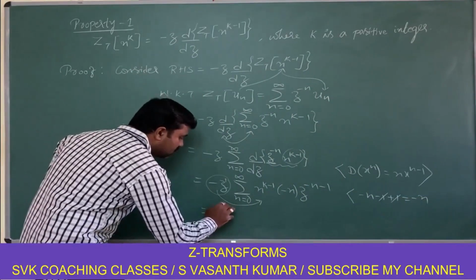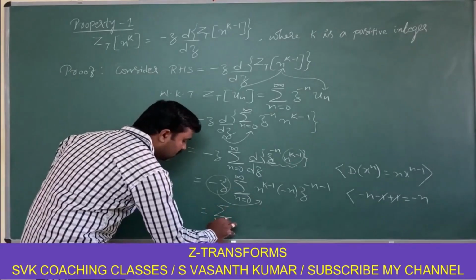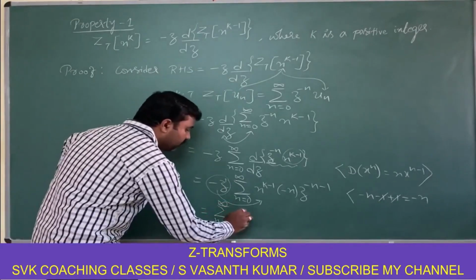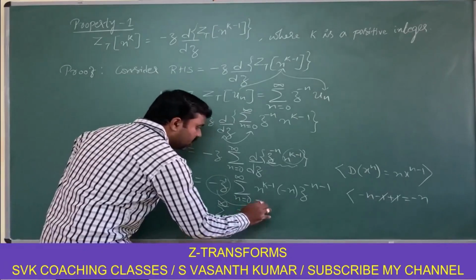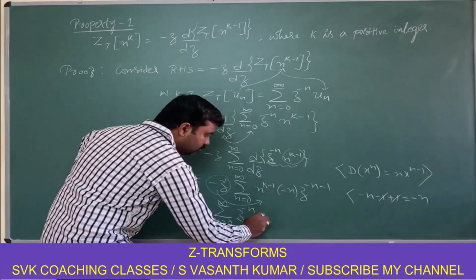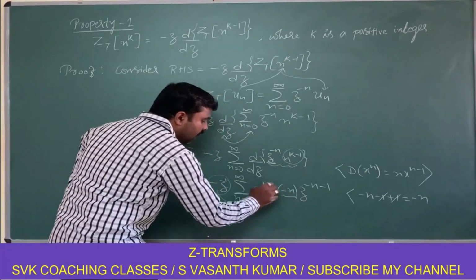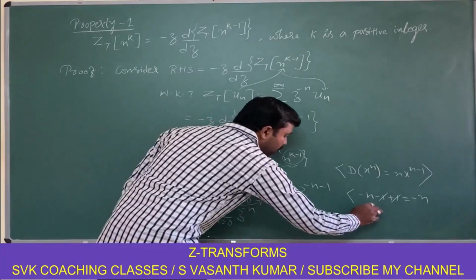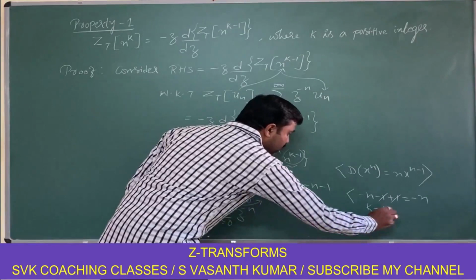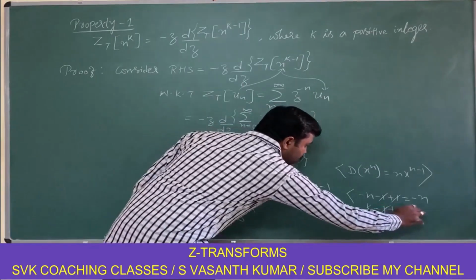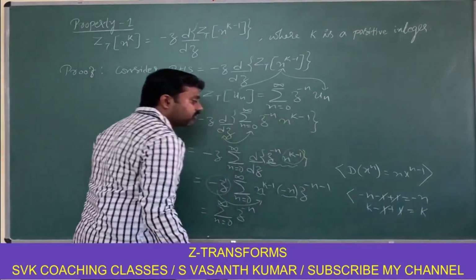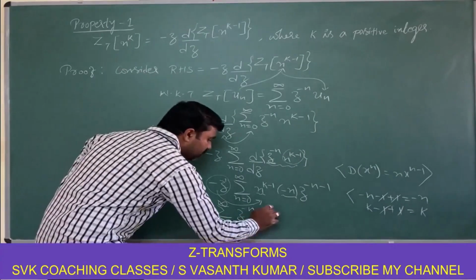Inside the summation you are left with summation n equal to 0 to infinity z power minus n into n. Similarly, the bases are same for n, so add the powers: k minus 1 plus 1. The plus 1 and minus 1 get cancelled, and you are left with k, so it is n power k.